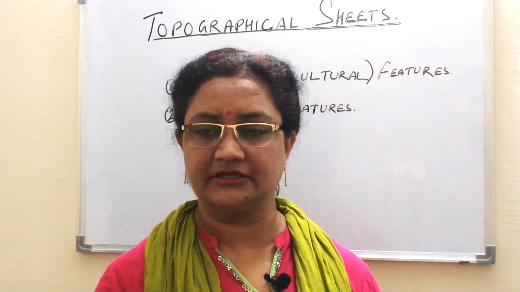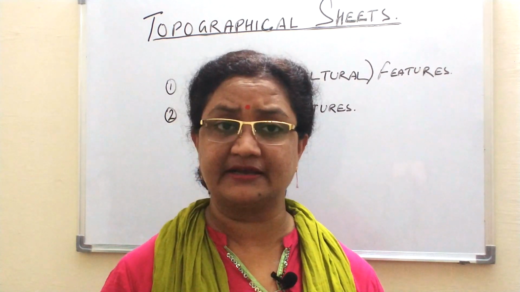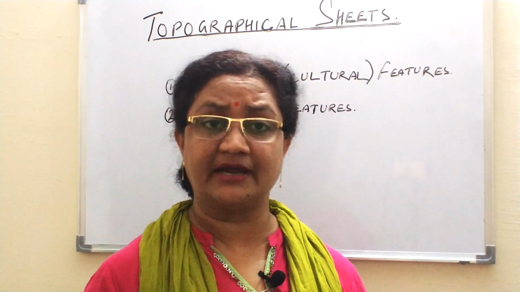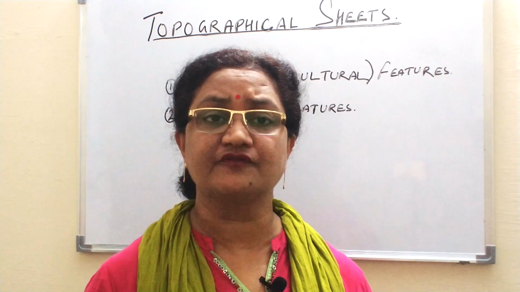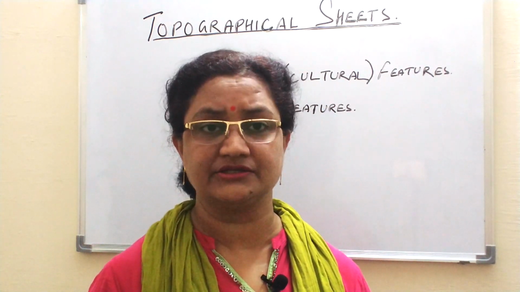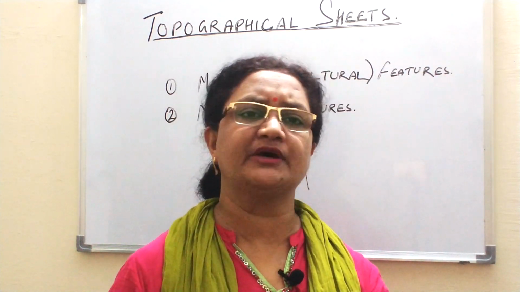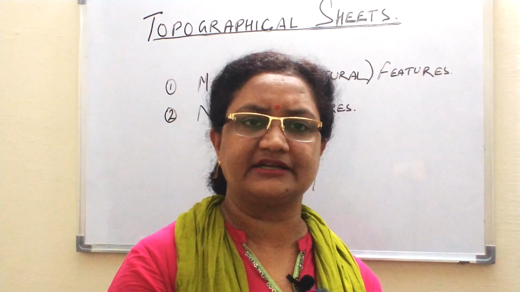If we see the different types of maps, you'll find cadastral map, thematic map, physical map, political map, administrative map. Different types of maps are used in general, and we draw the type of map needed for whatever purpose we have.